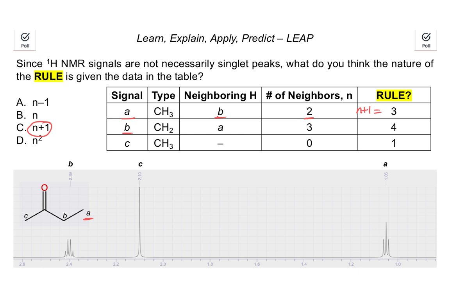So same analysis for signal B, that's a CH2 group. The neighbor is A, that had 3 hydrogens. So 3 plus 1 equals 4, so triplet, quartet, and singlet. So you need to be able to look at those number of lines and then convert it into the multiplicity.